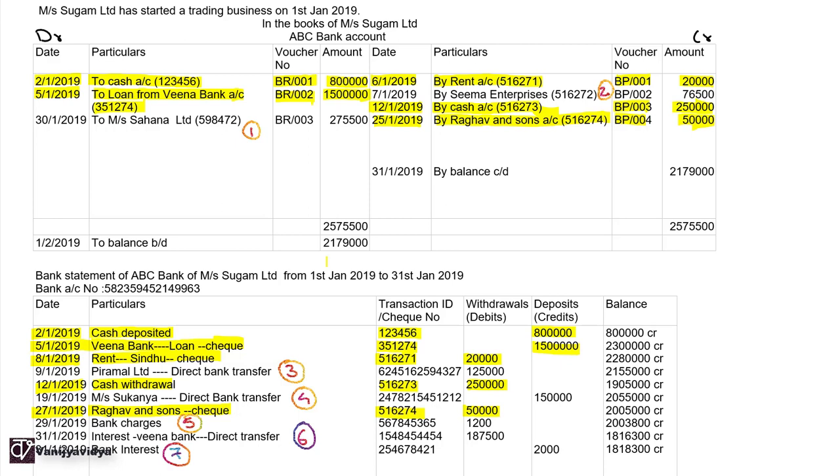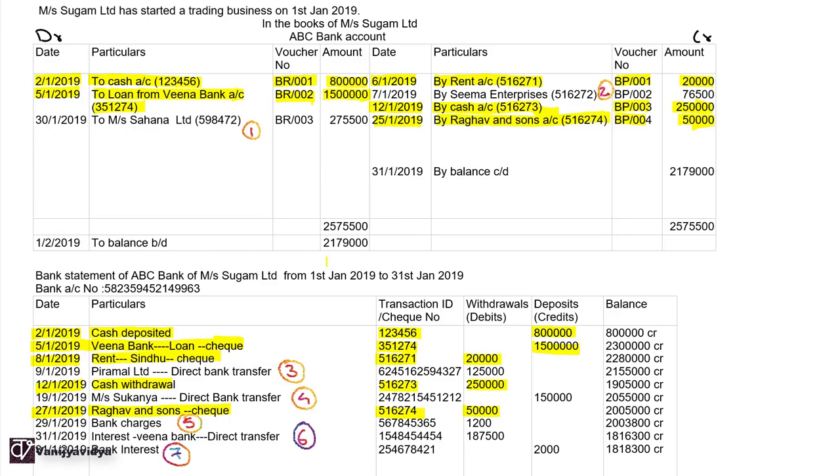So your balance in the bank statement will be less as compared to your balance in the bank account to the extent of 2,75,500. Now here we are moving from your cash book to bank statement. So we have to reduce 2,75,500 in the bank reconciliation statement.